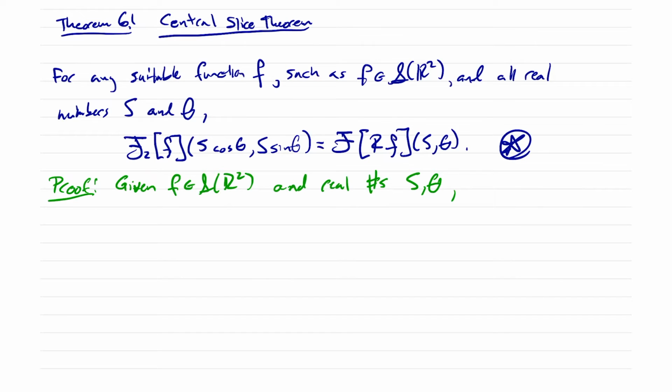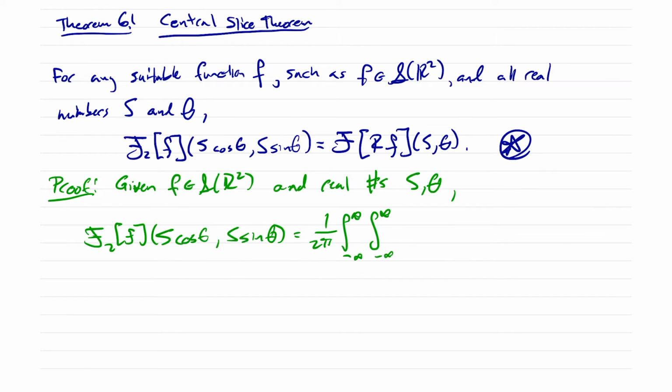We have the Fourier transform of f evaluated at s cosine of theta, s sine of theta is equal to 1 over 2 pi times the integral from minus infinity to infinity, integral from minus infinity to infinity of f of x y times e to the minus i, and it's going to be s times x cosine of theta plus y sine of theta.